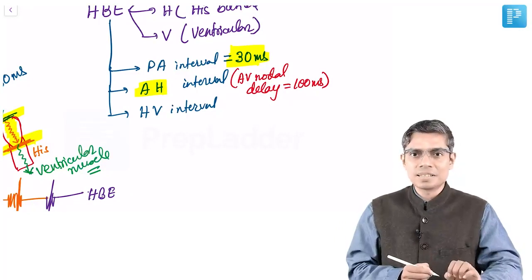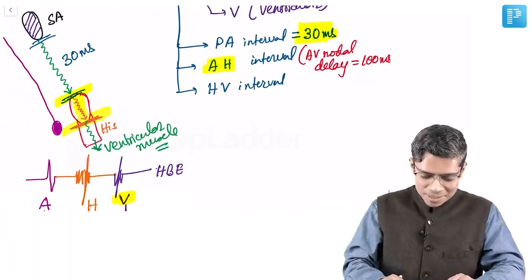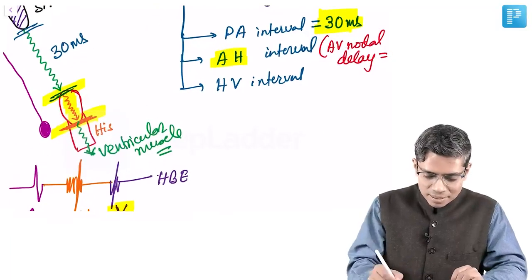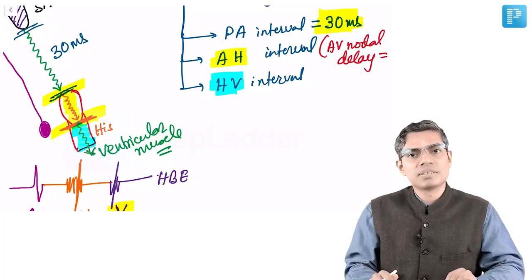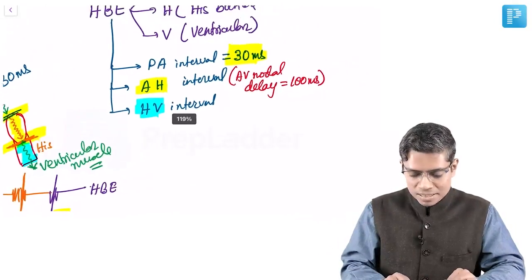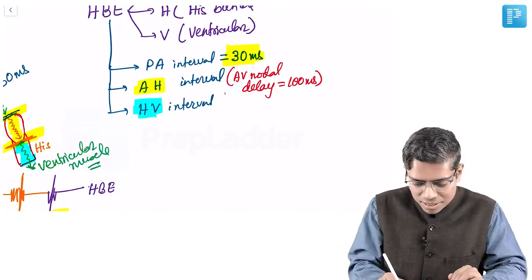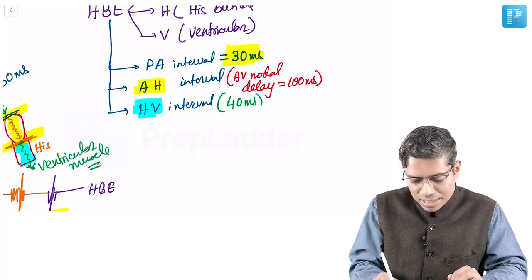And similarly, if I ask you what is HV interval? HV interval is nothing but the time which is taken to cross the bundle of His. So that is His bundle delay, and we have discussed earlier His bundle delay is normally 40 millisecond.